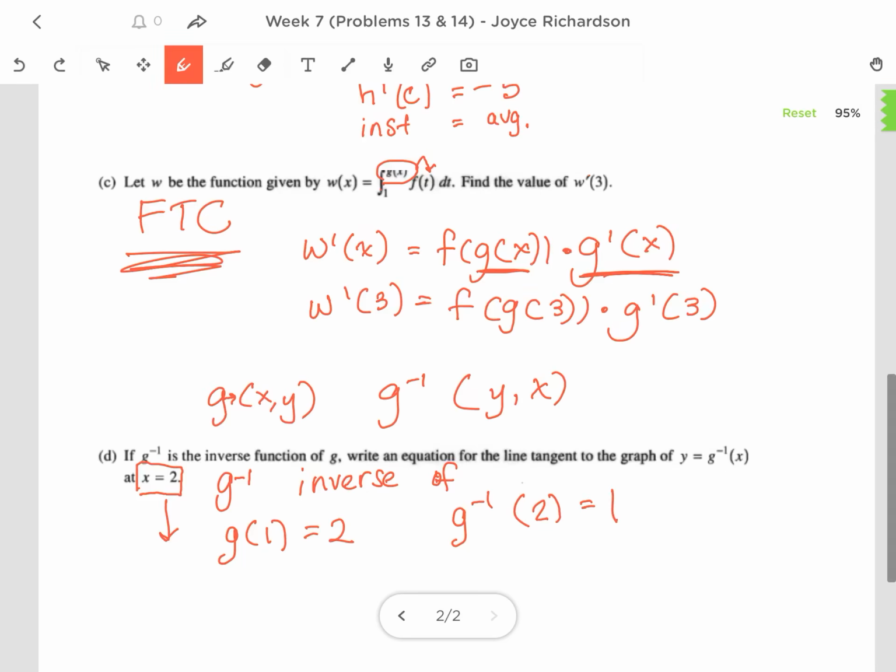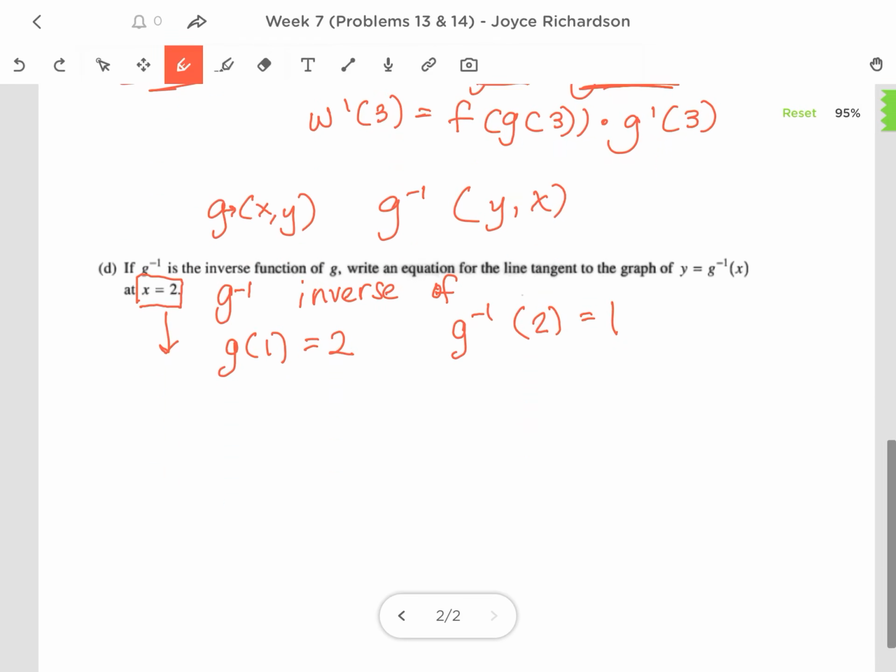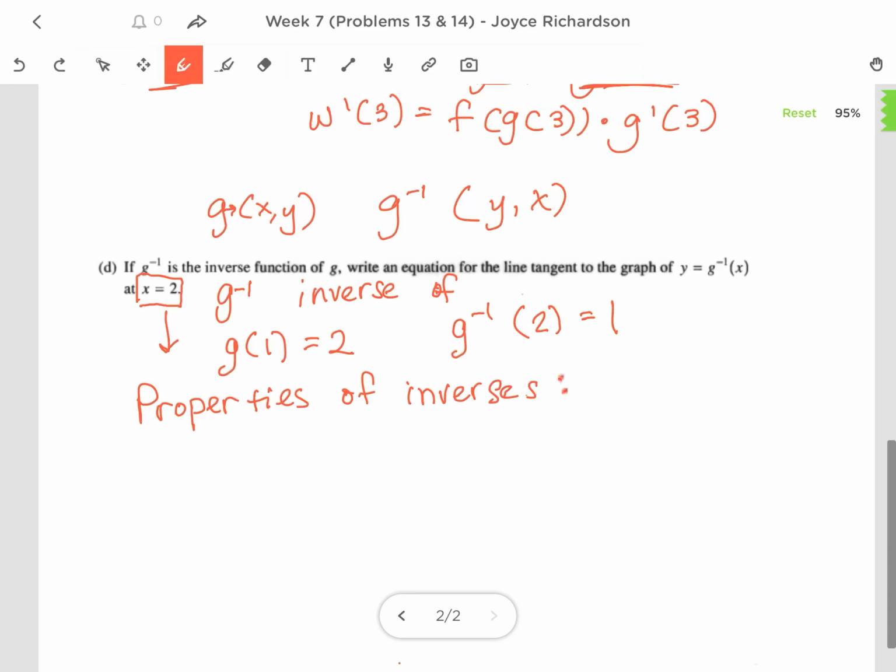Now, from here, I don't expect you to know this, but one of the properties of inverses that you need to know is that if you do g of g to the minus 1 of x, you will get x.